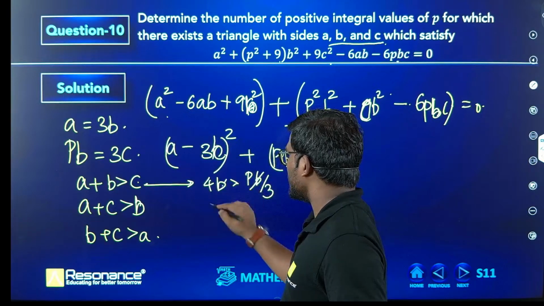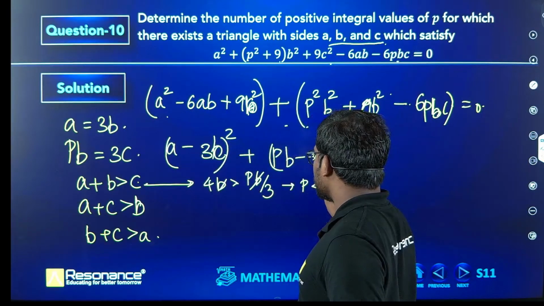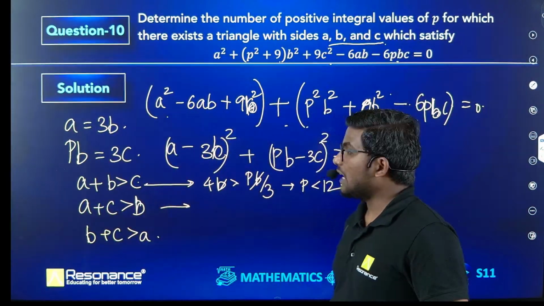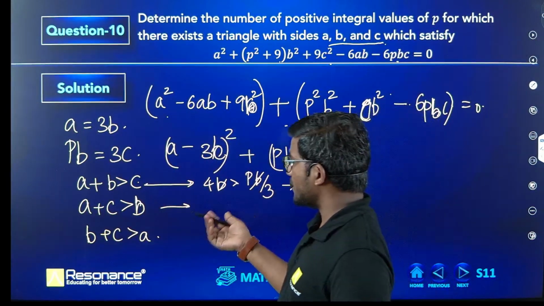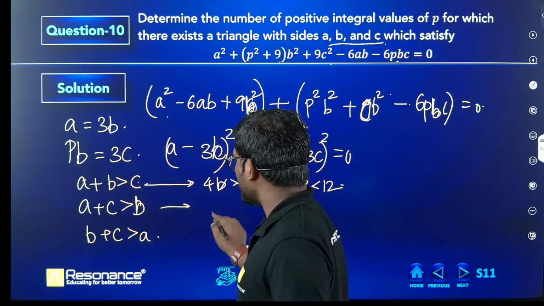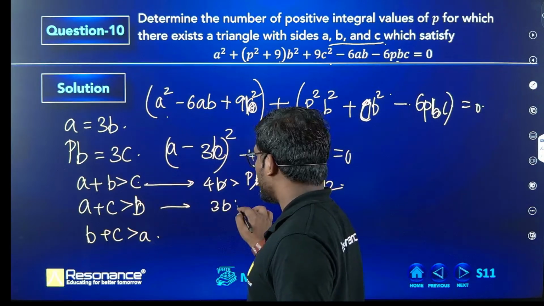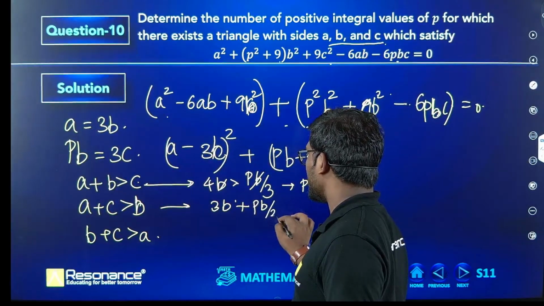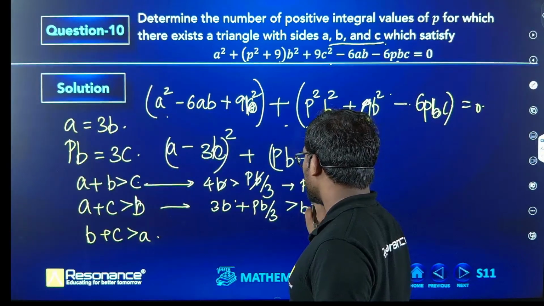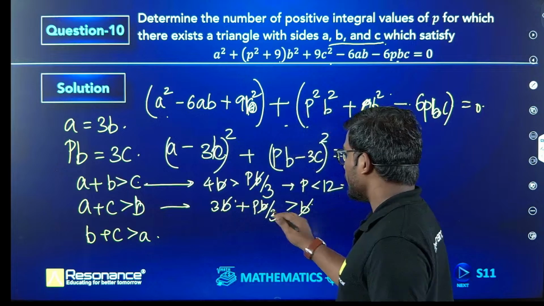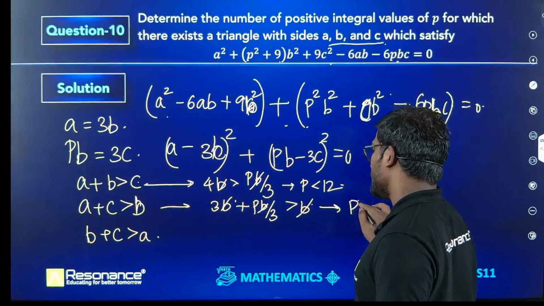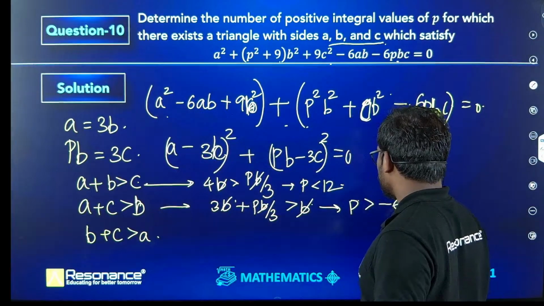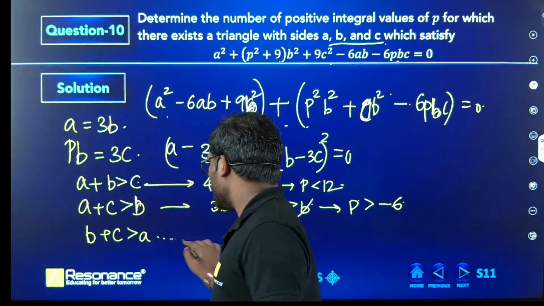So now we get P is less than 12. From A plus C greater than B, A is 3B, plus C is PB by 3, which is greater than B. Now cancelling B, we get P is greater than minus 6. Correct?